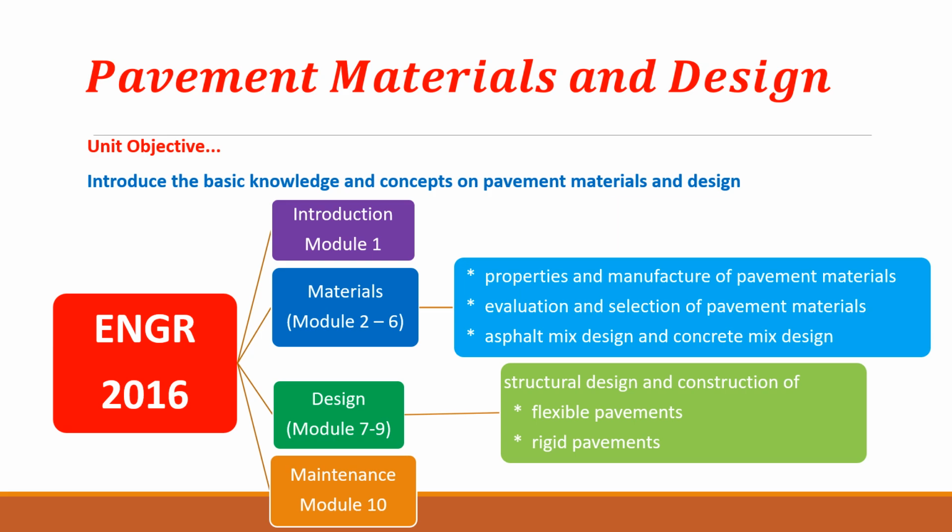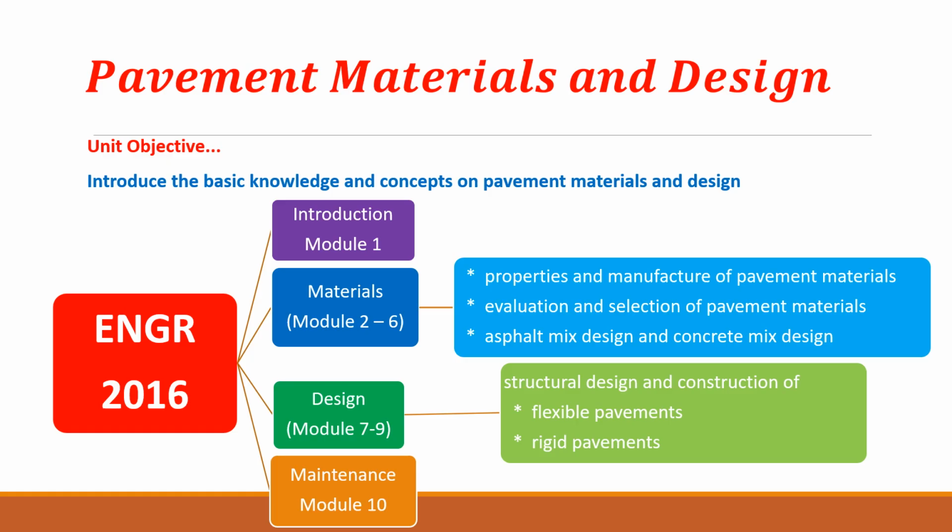So that covers module 2 to 6, and module 7 to 9 is the structural design part. We will learn how to select which materials go in different layers and how much thickness should be in different layers. That structural design part we will do in the latter half.